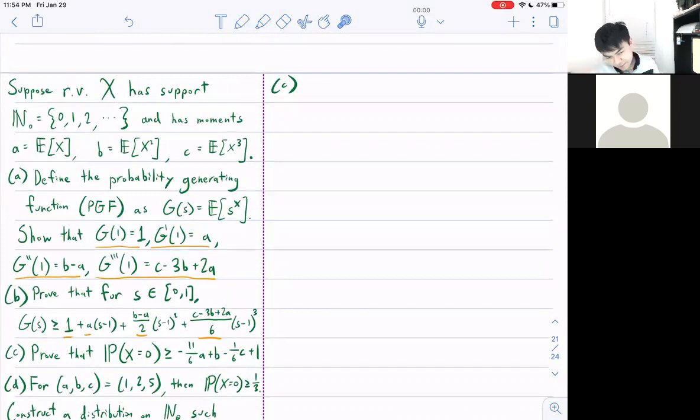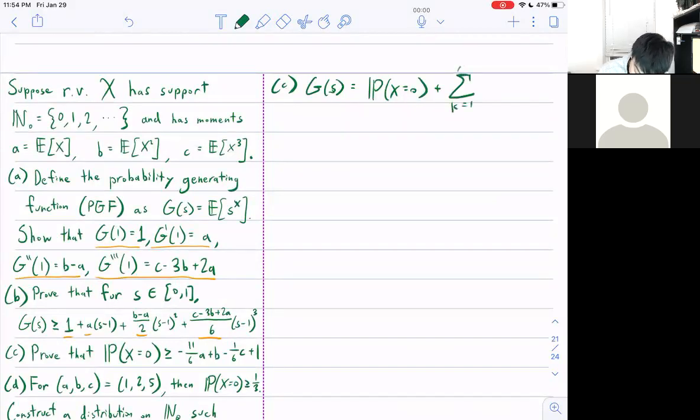Like I mentioned, the probability generating function generates probabilities. And remember that in the beginning, I wrote that g of s equals P(X = 0) plus all the other terms, the sum from k equals 1 to infinity of P(X = k) times s to the kth power.